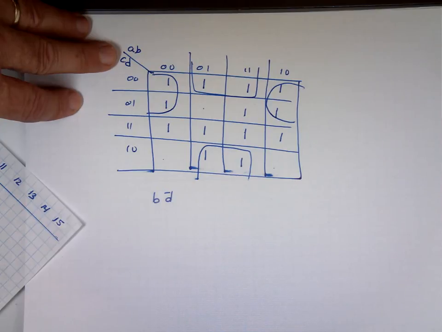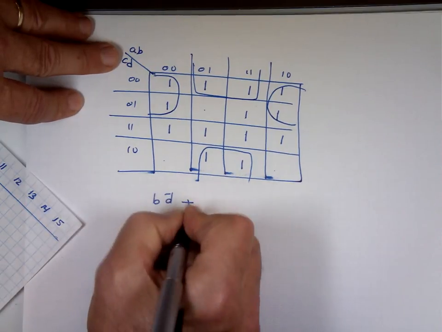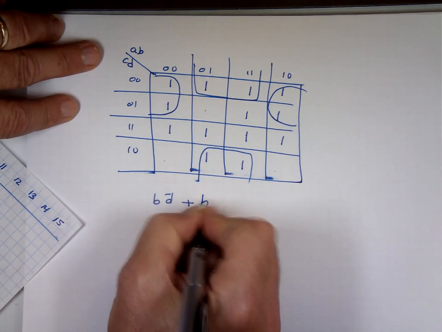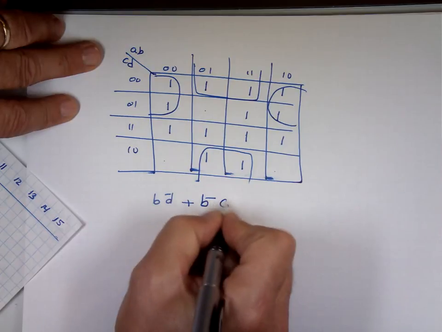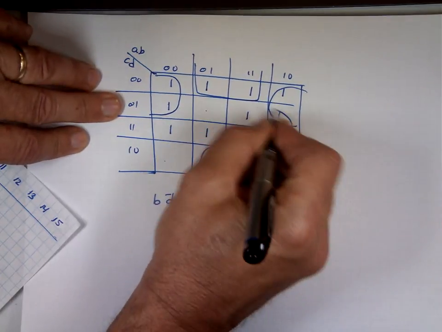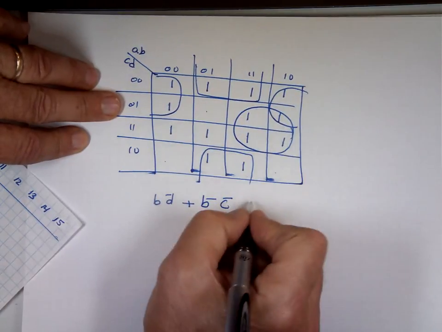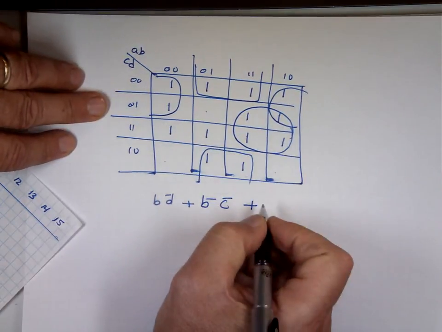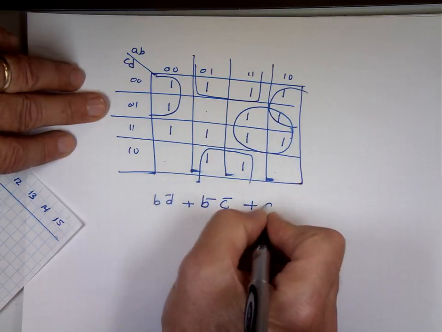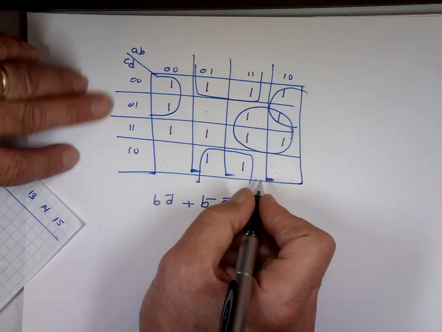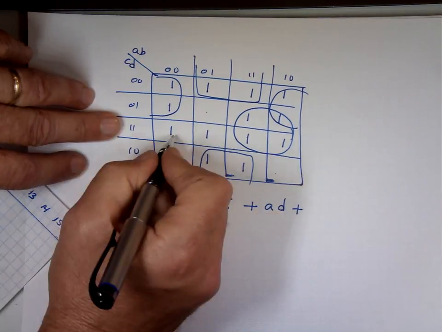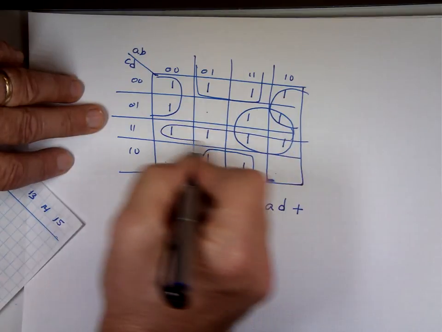That'll give me B bar, C bar. I can take these 4 ones, and that'll give me what? A, B bar is gone, C bar is gone, that's D. And to get this one, probably the best group to go like this, which is CD. So you will have 4 terms.